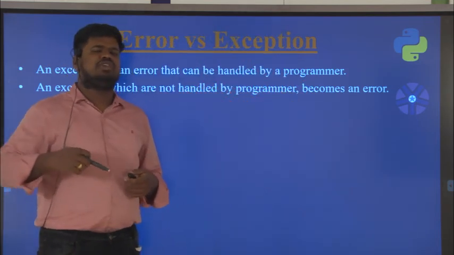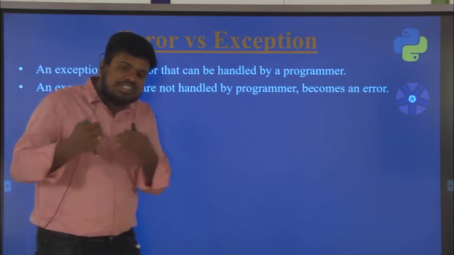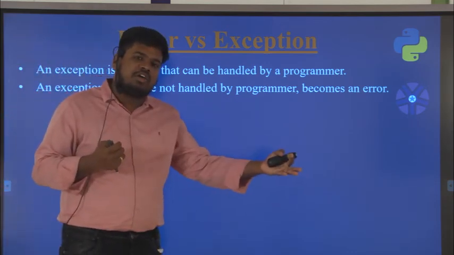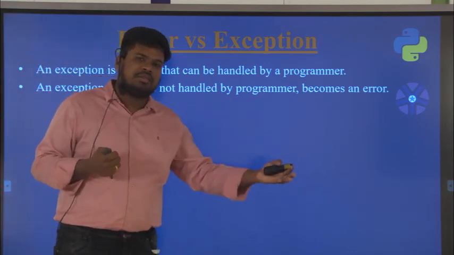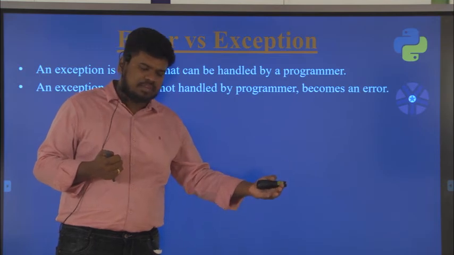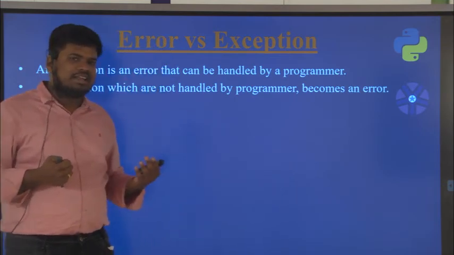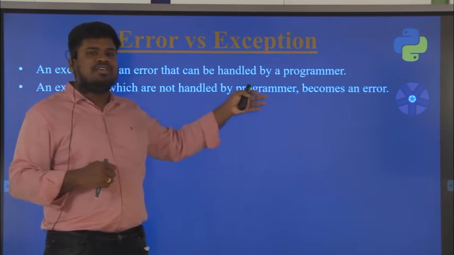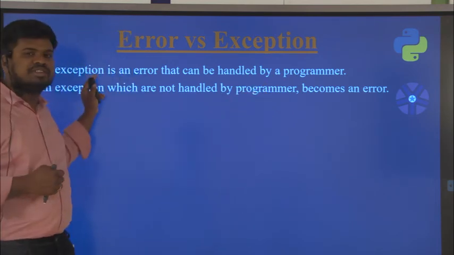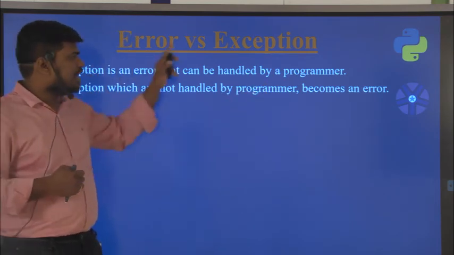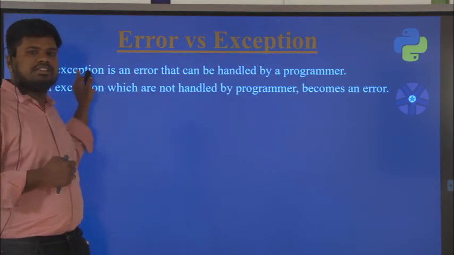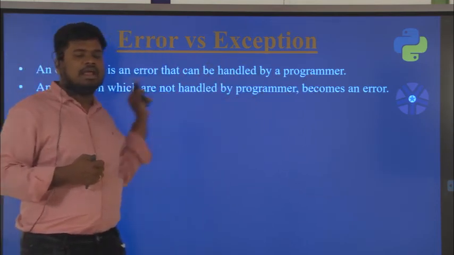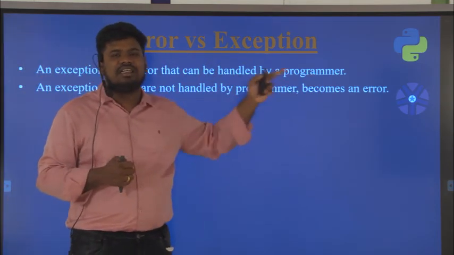For example, during runtime, if a user passes a wrong input as an argument, as a result there might be an error. Those types of errors testers will find out. So this is the difference between an exception and an error. An exception is handled by a programmer, an error is handled by a testing team.